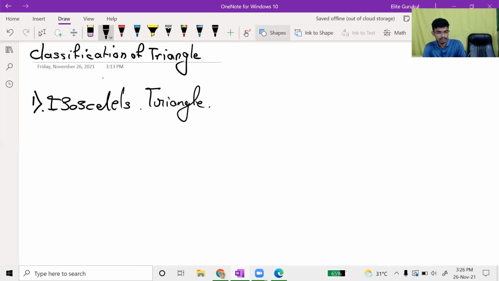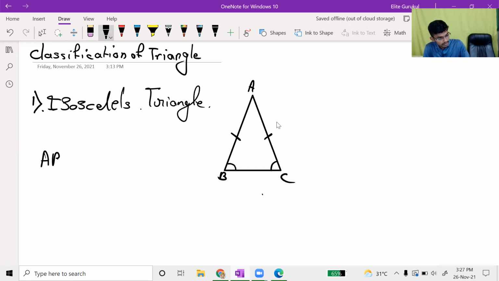Isosceles triangle has two equal sides and two equal angles. If ABC is the name of the triangle, and we know that AB is equal to AC. Any doubt till here? No, sir.